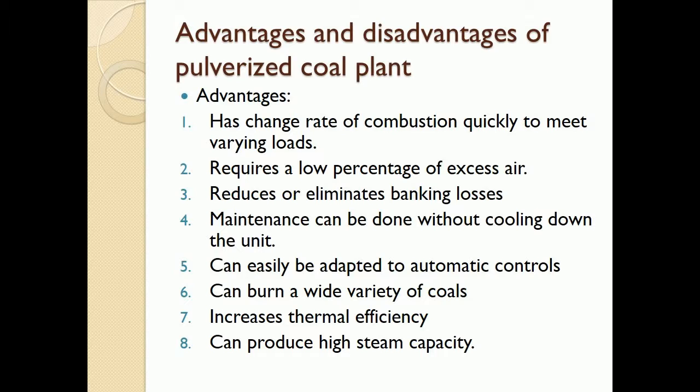Maintenance can be done without cooling down the unit. 5. Can easily be adapted to automatic controls. 6. Can burn a wide variety of coals. 7. Increases thermal efficiency. And 8. Can produce high steam capacity.